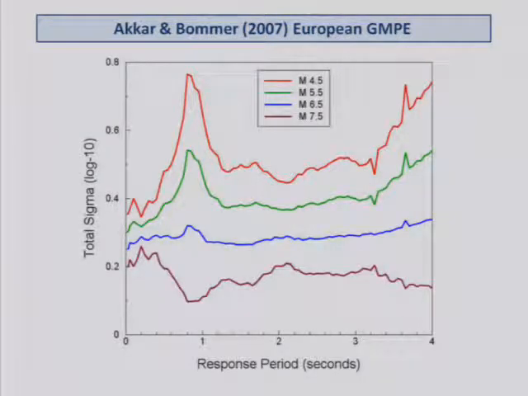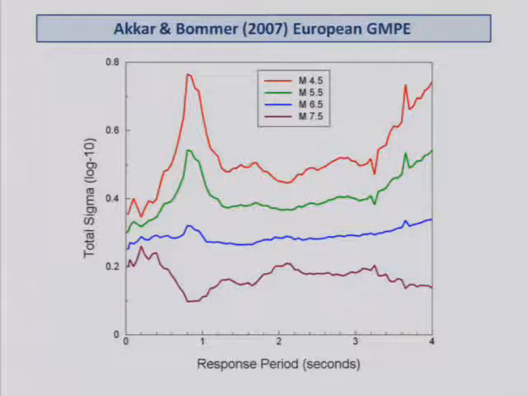And we've recently been forced to go back and look at the nature of our equation, and this afternoon Frank Scherbaum will show you why we did that. Looking at the sigma values in log10 for four different magnitudes here across the period range, you can see we got some really bizarre values. The dependence is way too strong and unconstrained, and we have sigma values of 0.8 here, which are essentially unusable.